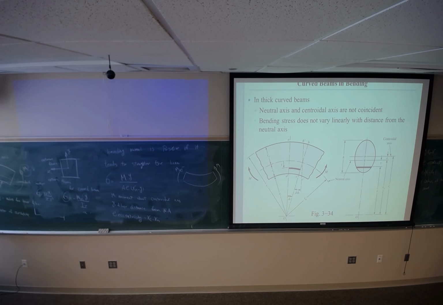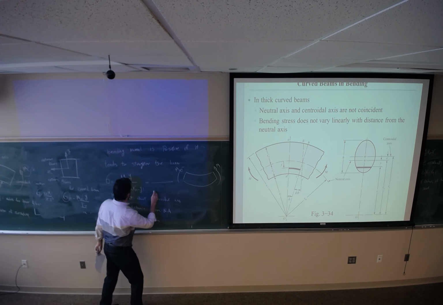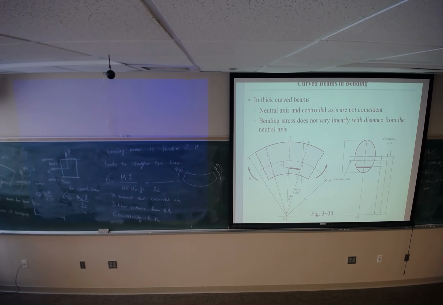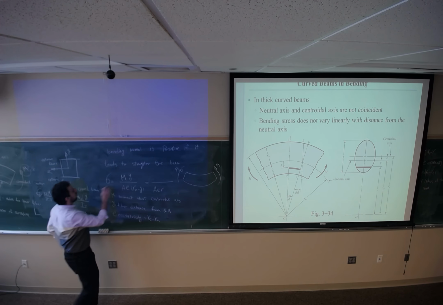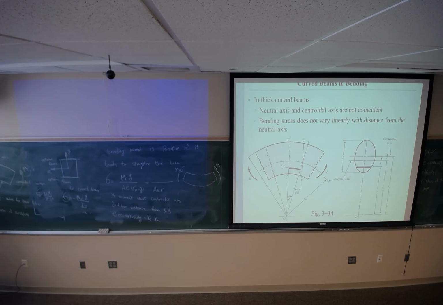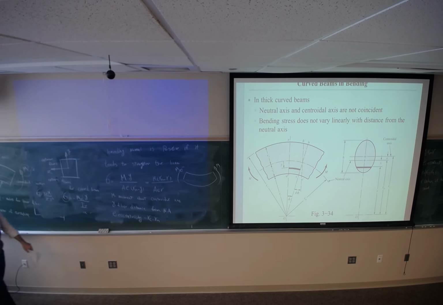If I want to rewrite this equation in another form, A e (Rn minus y). Rn minus y is going to give me R. So it's going to be A e times R, and y can be written as Rn minus R. So we will get the same result.